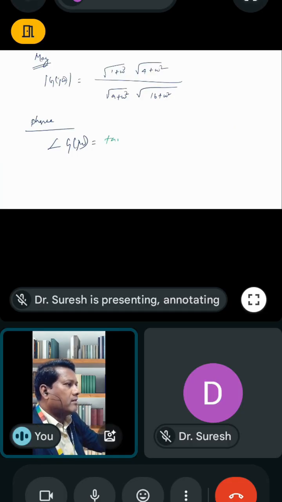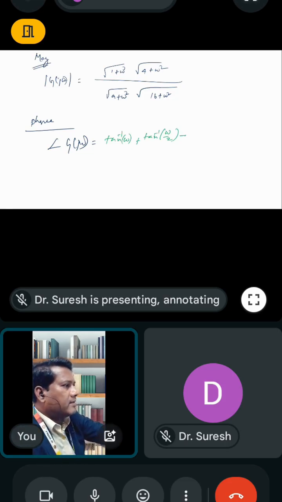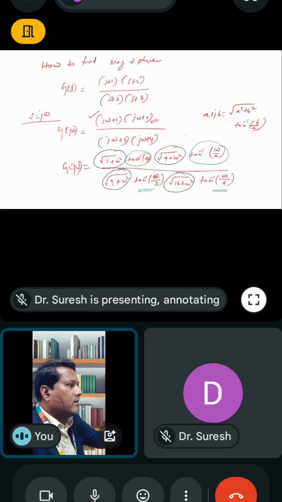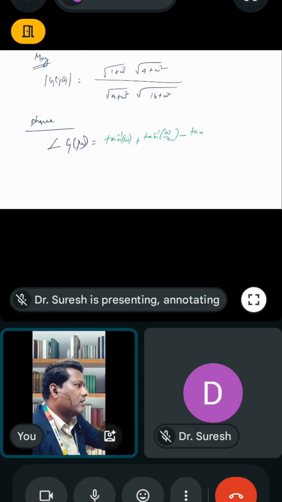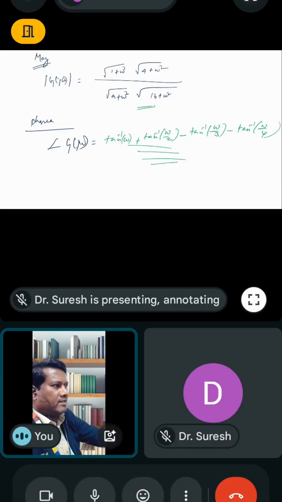So the numerator is tan inverse omega plus tan inverse omega by 2, minus the denominator values, tan inverse omega by 3 plus tan inverse omega by 4. So these two are the expressions for magnitude and phase.